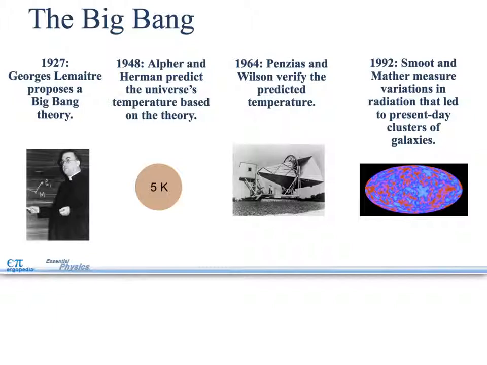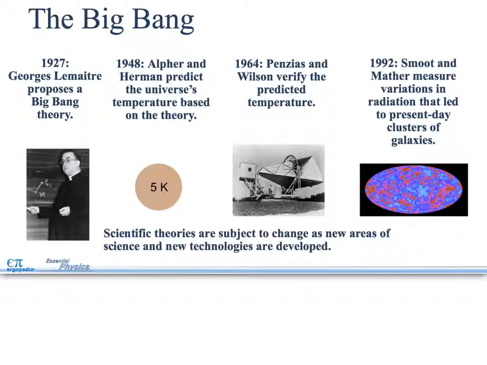And finally, in 1992, Smoot and Mather measured variations in radiation that led to the present-day cluster of galaxies, now that we know that galaxies are everywhere. You see, each set of scientists were working on the evidence that was provided from the scientists before them. So scientific theories are subject to change as new areas of science and new technologies are developed.